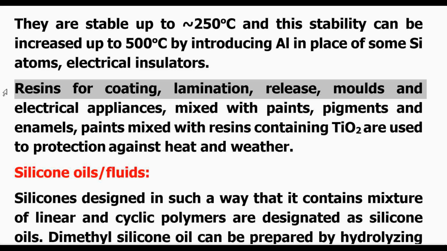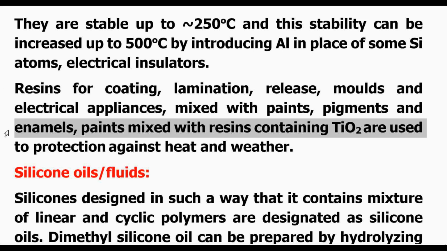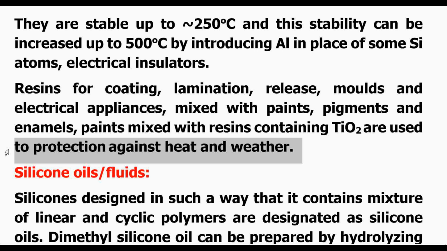Silicone resins are used for coating, lamination, and as release resin to release two substances from each other. Then they are used in molds and electrical appliances. Sometimes they are mixed with paints, pigments and enamels so that the paints get a protection against heat and weather.